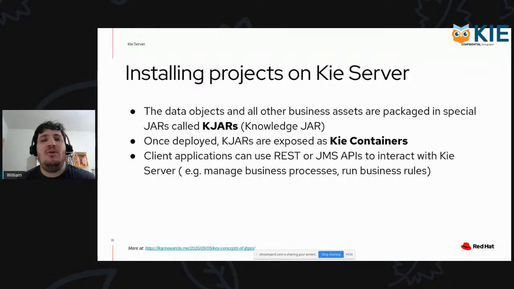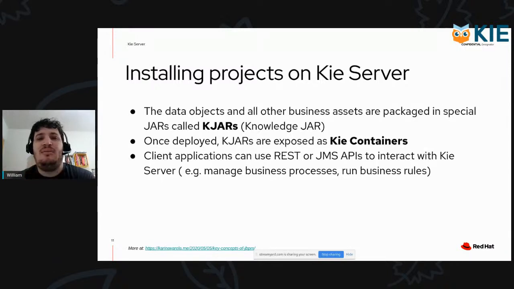So how do you transform your business process into something that you can put on KeyServer? Basically, you package your business assets in a jar, which is a special zip file, and we call it a kjar because it will have a specific descriptor. So KeyServer will know what you have inside your jar, and also how to manage the life cycle of your application.